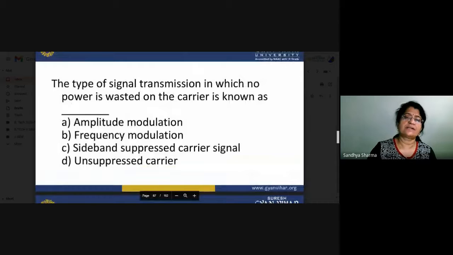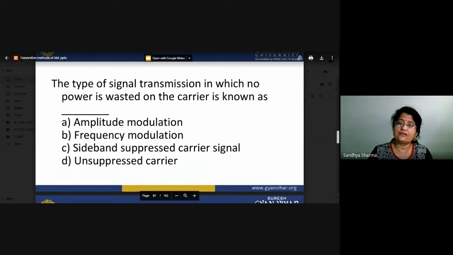You can see here what type of modulation technique we are working with, and for these techniques we have to use modulators and demodulators. By using that, we can generate our signals. The type of signal transmission in which power is wasted on the carrier is known as what type of transmission?